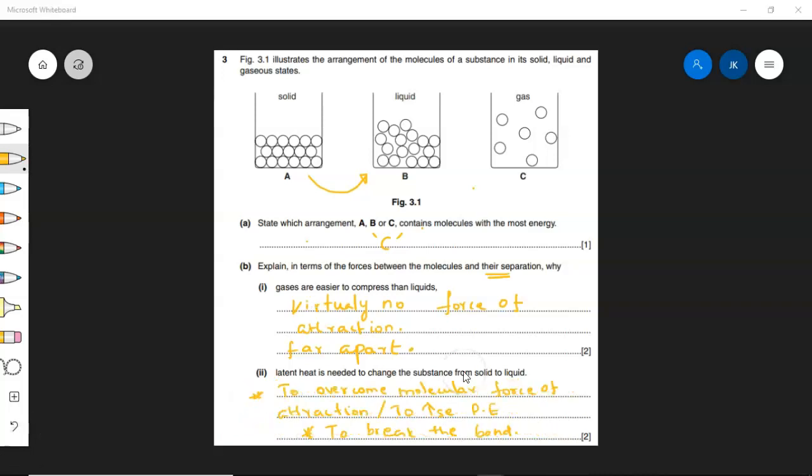So in short, you can write like this: to overcome intermolecular force of attraction or to increase the potential energy, because as the gap between the molecules increases, potential energy increases because the molecules do work against the force of attraction and it gains potential energy. And another point you can write: to break the bond.